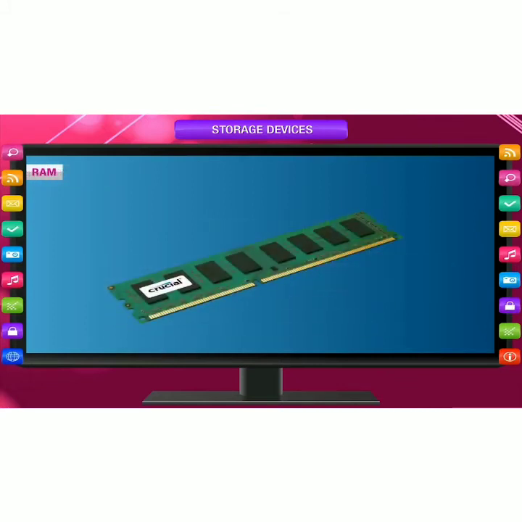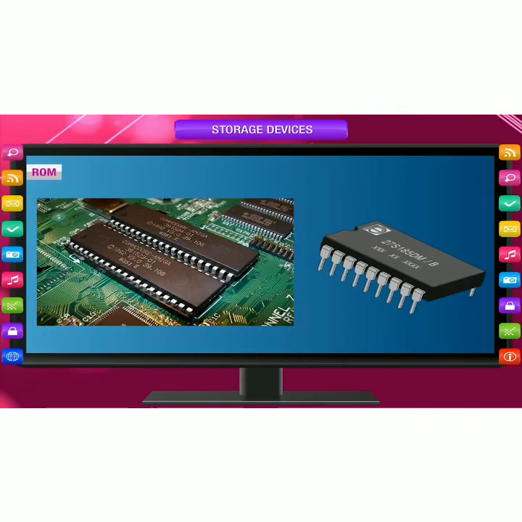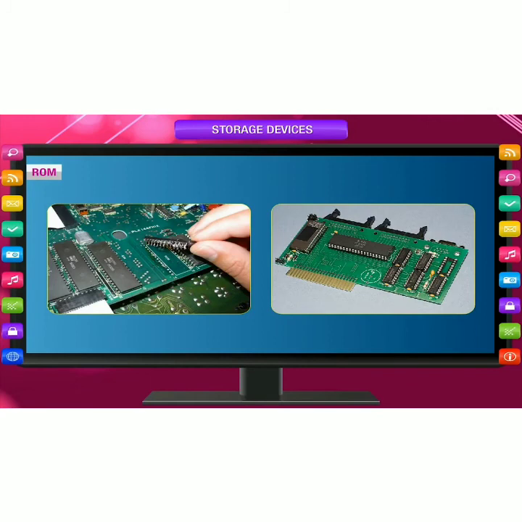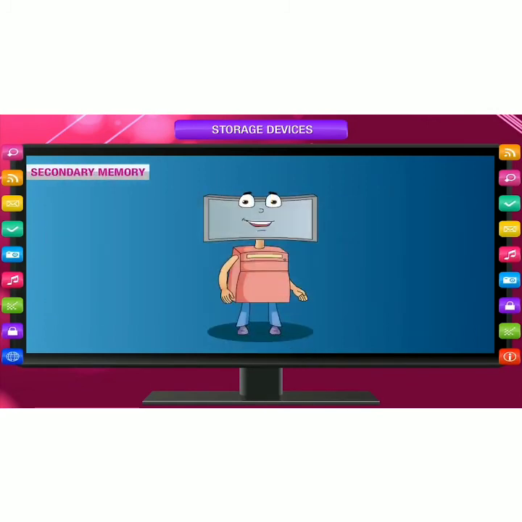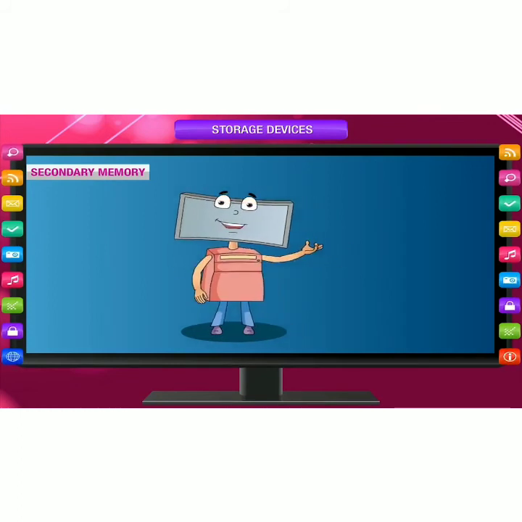When you turn on the computer, these programs starts to be executed and they check the computer and permits the computer to load the operating system, that is your window. And it is the permanent memory, not the temporary memory.